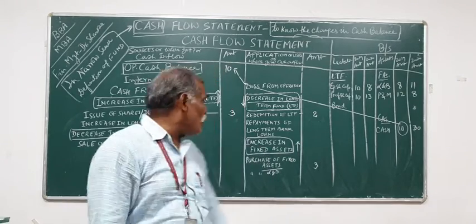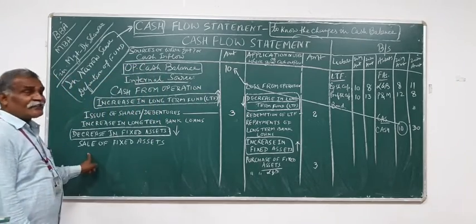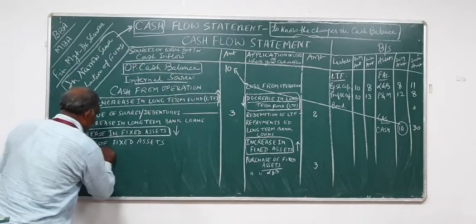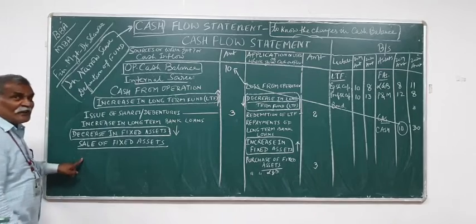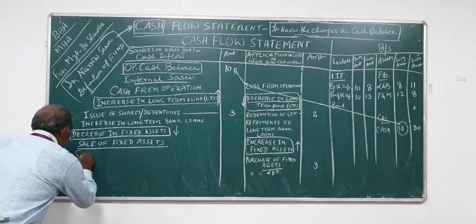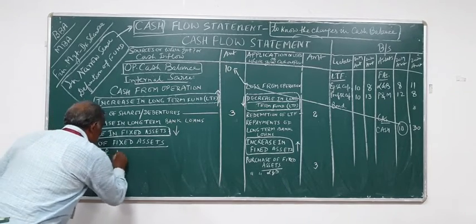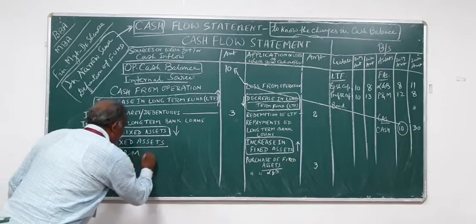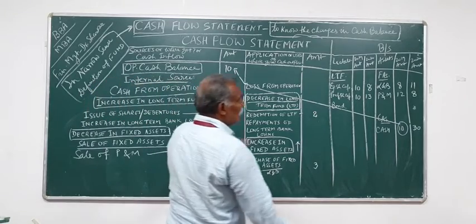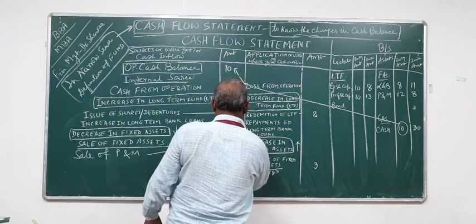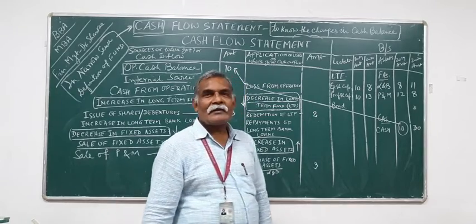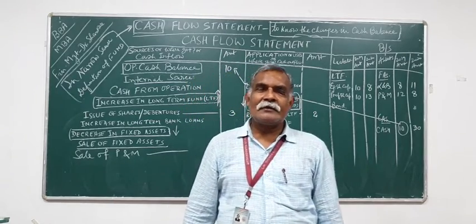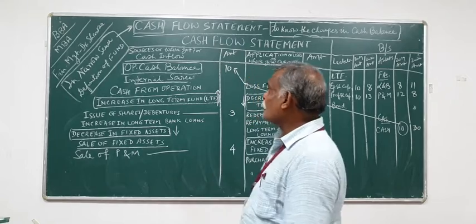Is that clear? So, decrease in fixed assets means sale of fixed assets. So what? Sale of plant and machinery. How much? Suppose here it is 4. Is that clear?